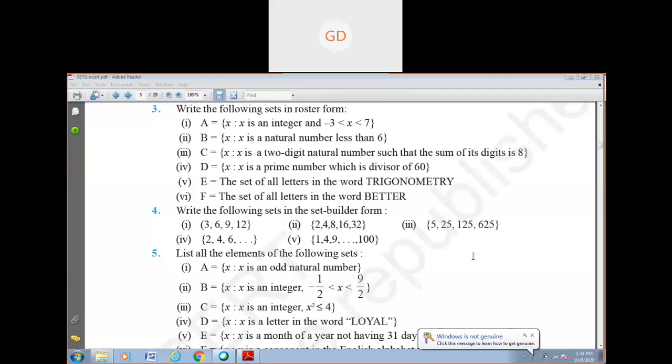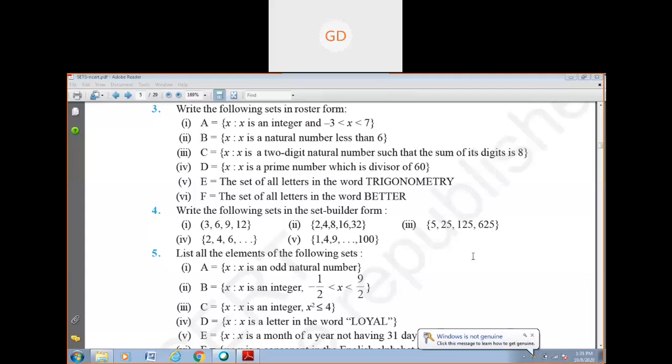Again, if we put minus 1 in place of x, because minus 1, minus 2, minus 3 are also integers, negative integers, it is allowed to consider. Minus 1 square is 1, which is less than 4, so minus 1 is also an element.